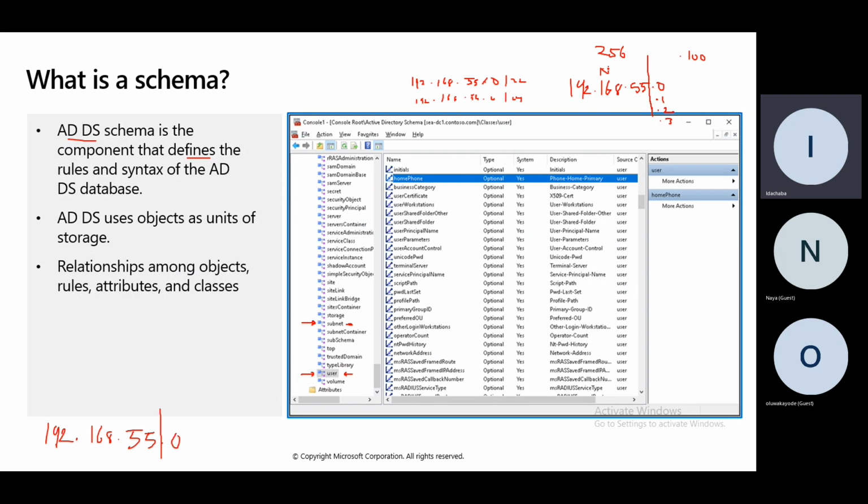Another one will be used for the broadcast part. I expect that you have heard of that. So in every network, when you are breaking it down, you must remove 2, one for the network part, one for the broadcast part. Broadcast means that if you need to send a broadcast message, it will use that IP to send it. So you can only connect 256 minus 2. That's why this one carries /24.